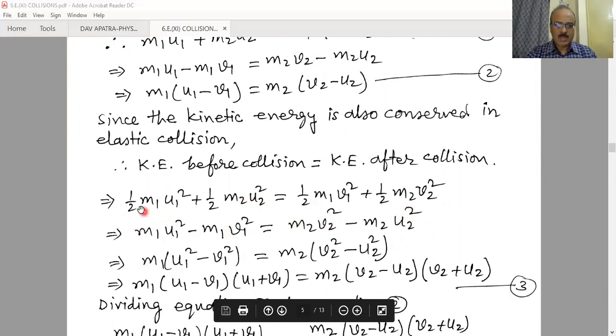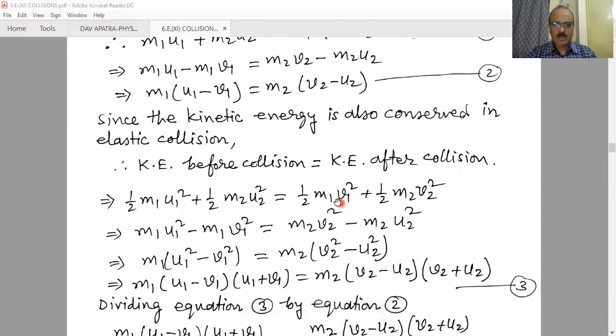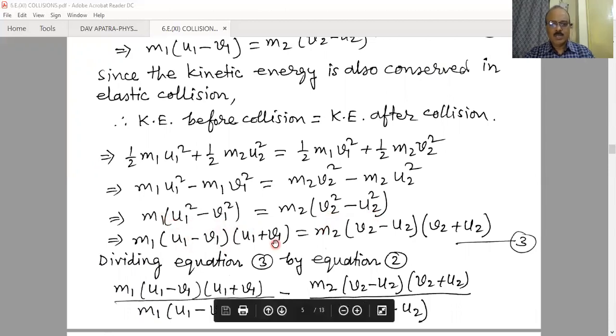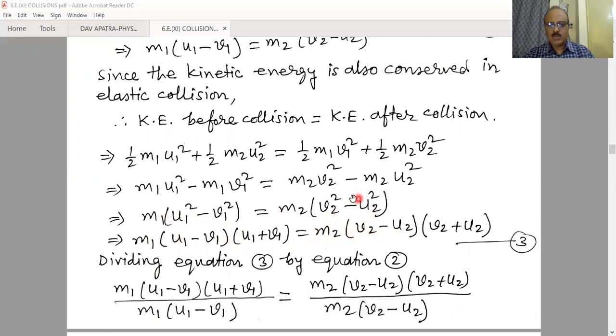Half is common, so taking m1 terms on one side and m2 terms on the other side, m1u1 square minus m1v1 square equals m2v2 square minus m2u2 square. Taking m1 common, and using the formula a square minus b square equals (a minus b)(a plus b), we get m1(u1 minus v1)(u1 plus v1) equals m2(v2 minus u2)(v2 plus u2). This is equation number 3.